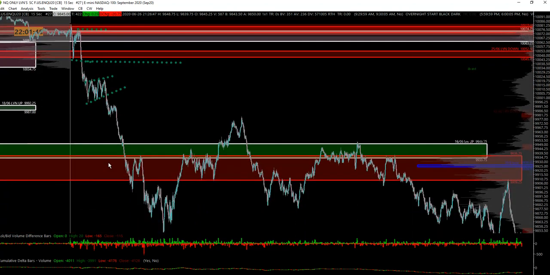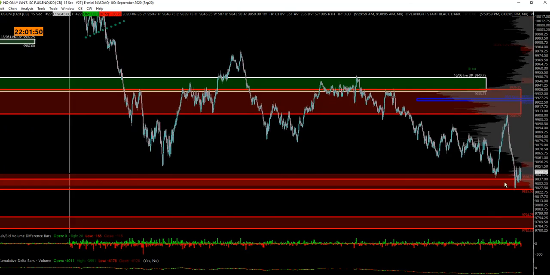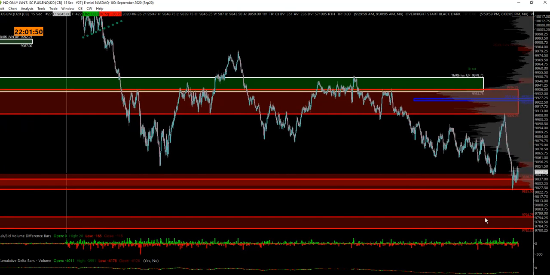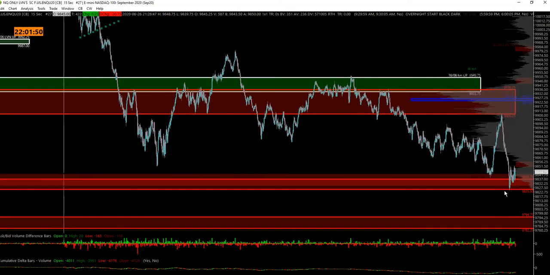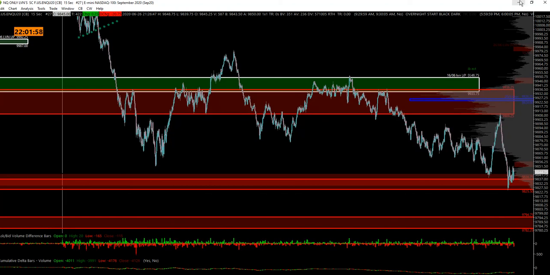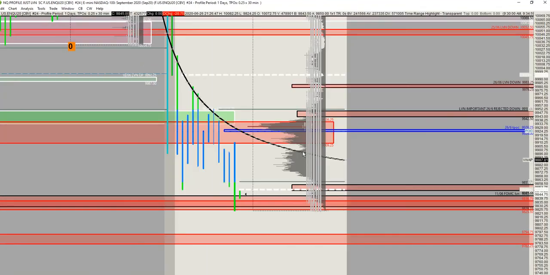We've basically lost all that, but we've come to another support area from previous. Let's clear around the profile here. So we've come back to this FOMC low volume node here on 11th of June, and if we support here, I think this could be a decent pullback.